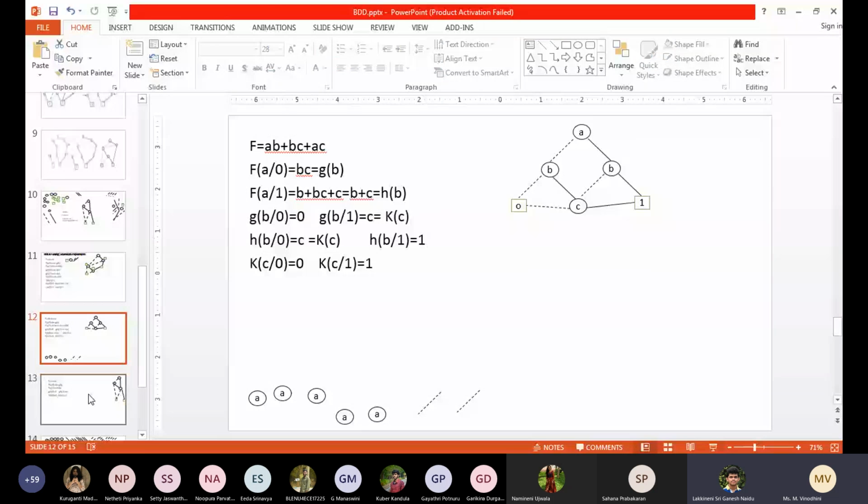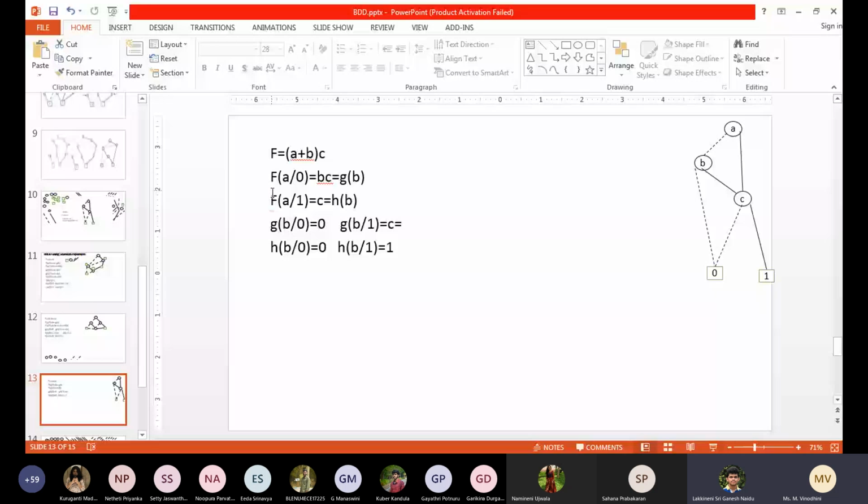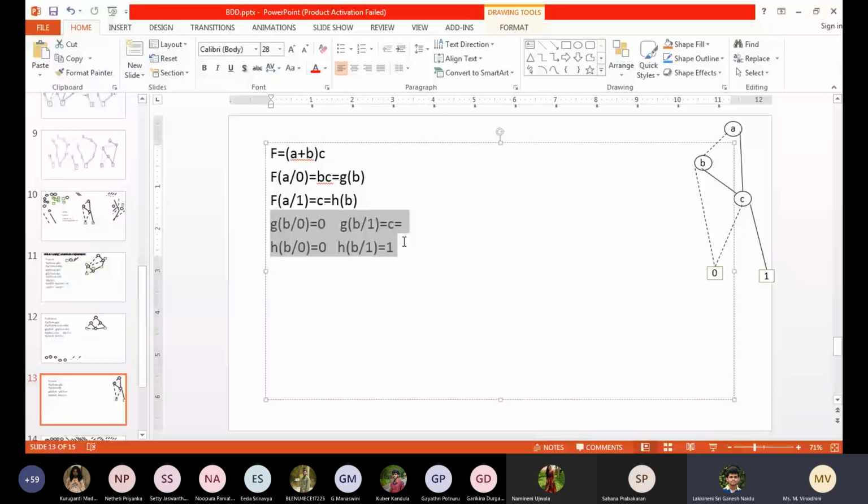Here, this F is first level. G and H is the second level. Okay, so let me assign a different variable. Maybe S of C I will assign. But actually you will get the same answer. Let me see.